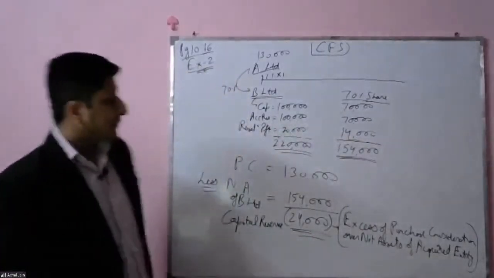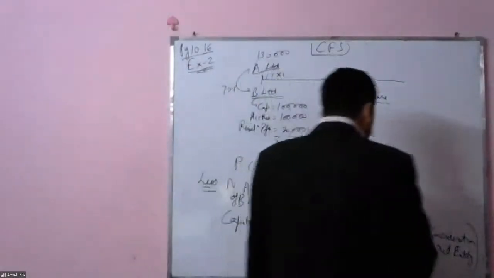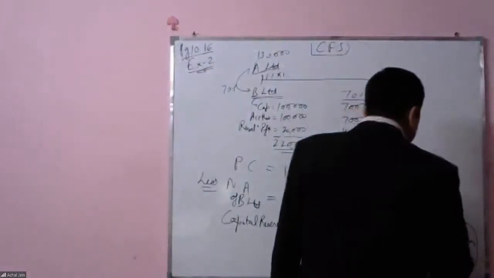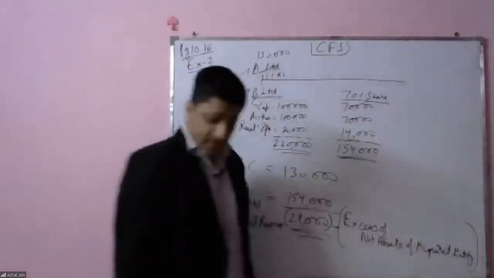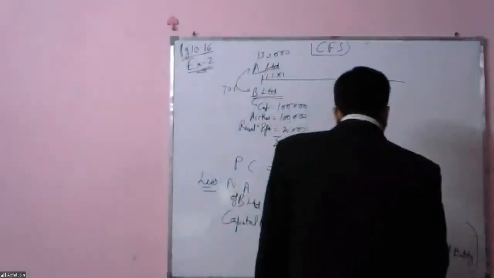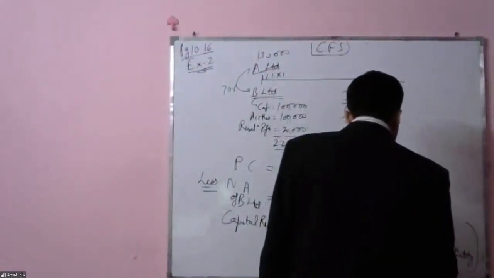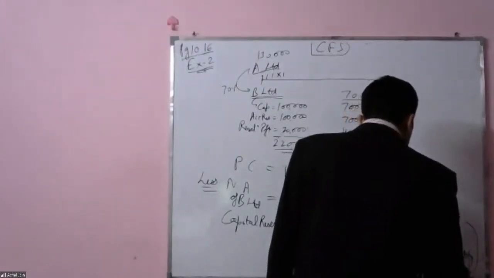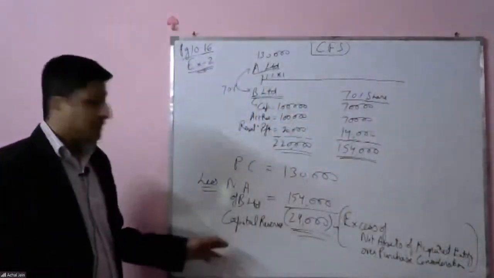Now we can say that the excess of net assets of acquired entity over purchase consideration will be called capital reserve.